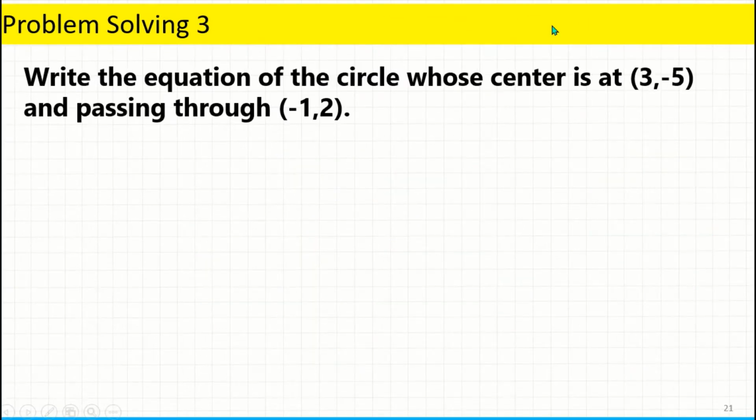Problem solving number 3. Find the equation of the circle whose center is at 3, negative 5 and passing through negative 1, 2.